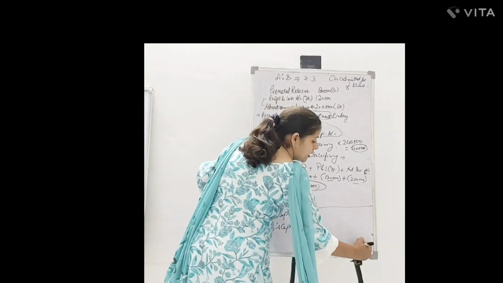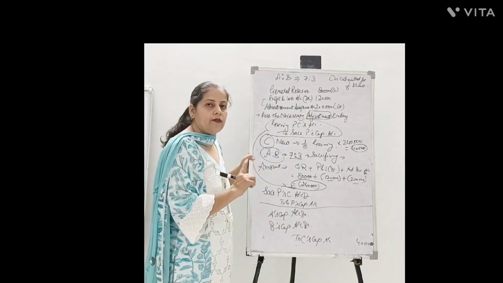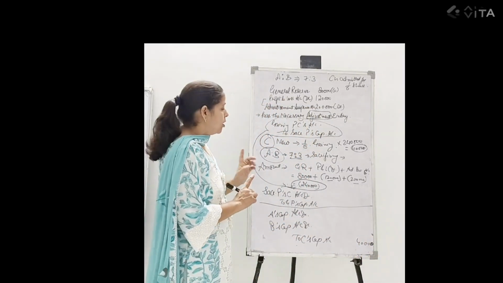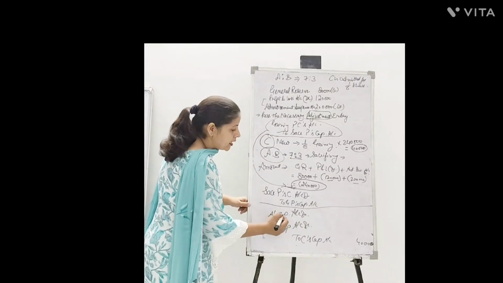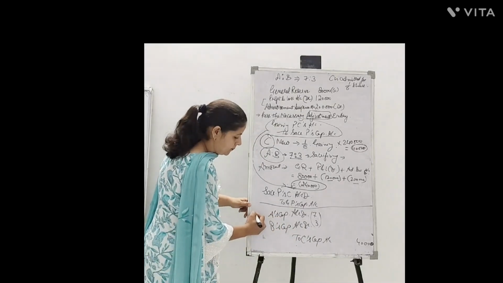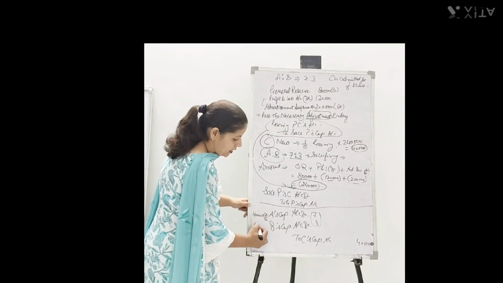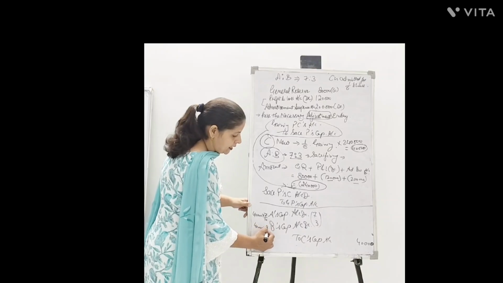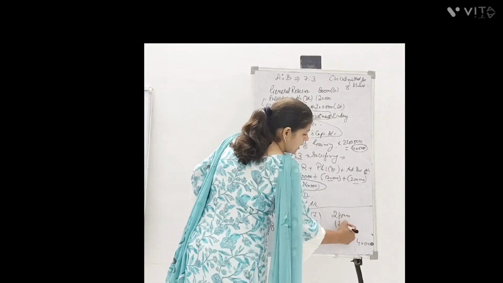So we will put the amount here as a positive value because we have already made the opposite of this entry, right? So now, in which ratio is it to be written off? That is 7:3. So 40,000 multiplied by 7 by 10 and 40,000 multiplied by 3 by 10 gives you 28,000 and 12,000 here.